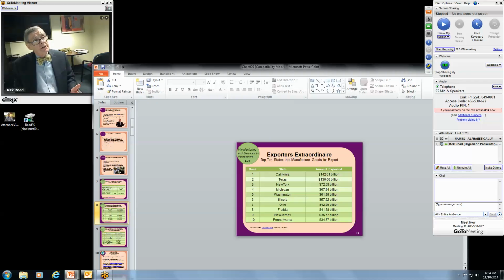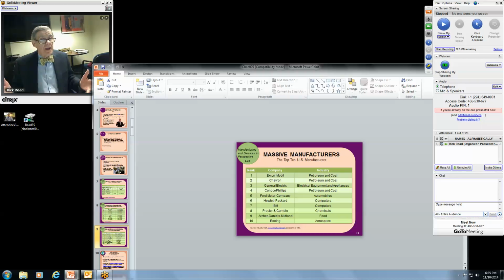Indiana would fall into that category as well. I don't want to leave anybody out. I'm just trying to think of the ones that we tend to put in that area. In California, 142 billion. And this is 3 years old, so it's maybe even close to 4 years old. So that's liable to have gone up since then.